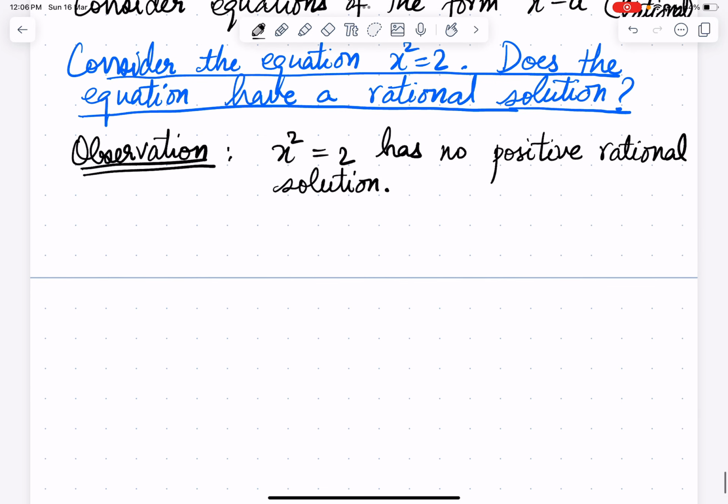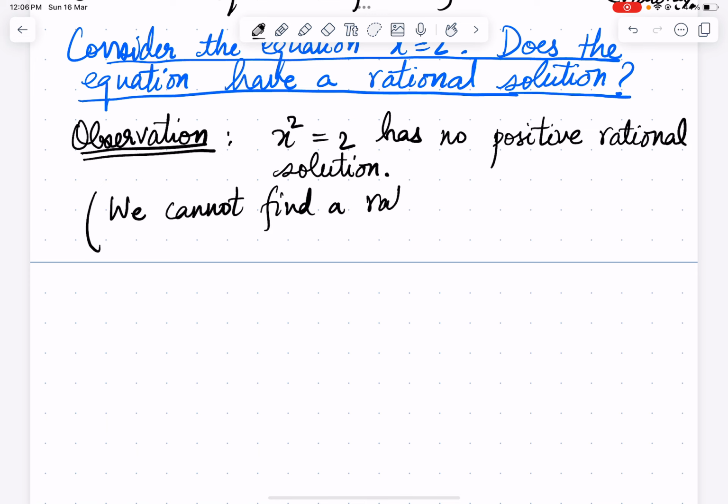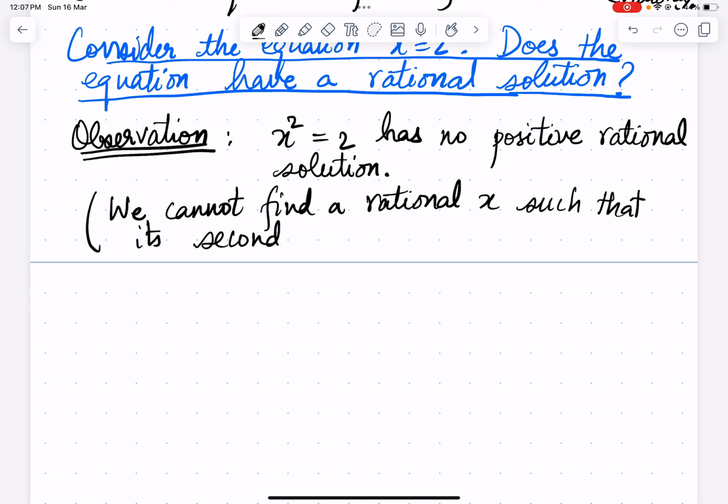So x square equals 2 has no positive rational solution. We cannot find a rational x such that its second power is 2.